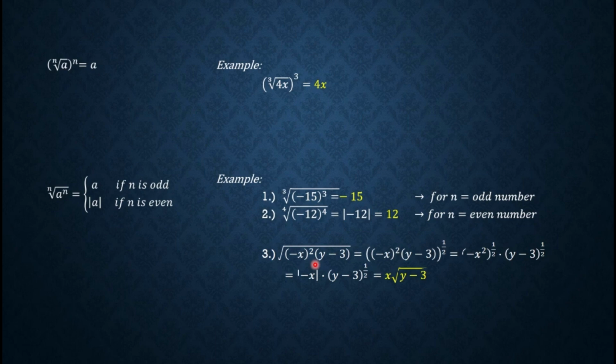Then we extract, we remove the square root sign or radical sign, then we distribute the 1/2 to each, so quantity of -x squared to the power 1/2 times the quantity of y minus 3 to the power 1/2, so absolute value of -x times y minus 3 to the power 1/2, so the result is x square root of y minus 3.